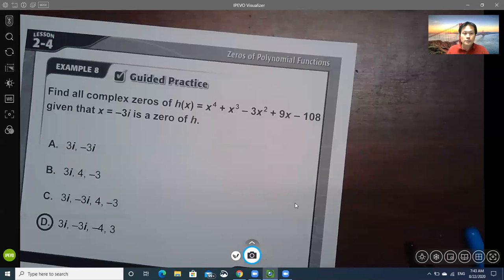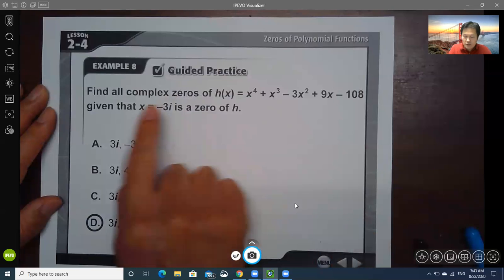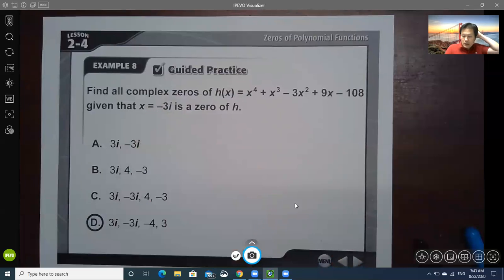Okay. Find all complex zeros of this, given that we got minus 3i as a zero.